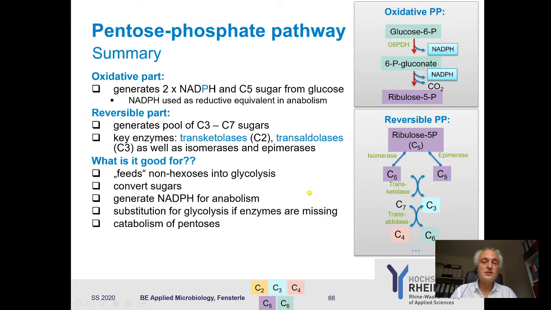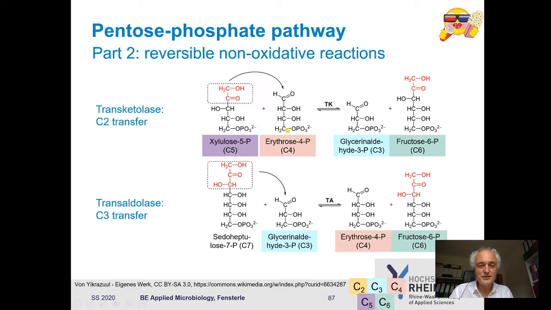And of course, that was our starting point where we had no aldolase. If I have enzymes missing in my glycolytic pathway, like the aldolase, then I can use this pathway to go around. And you remember I have generated glyceraldehyde 3-phosphate in this pathway. And of course, this is without an aldolase.